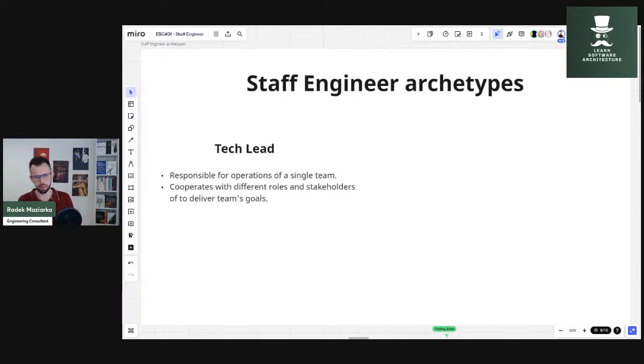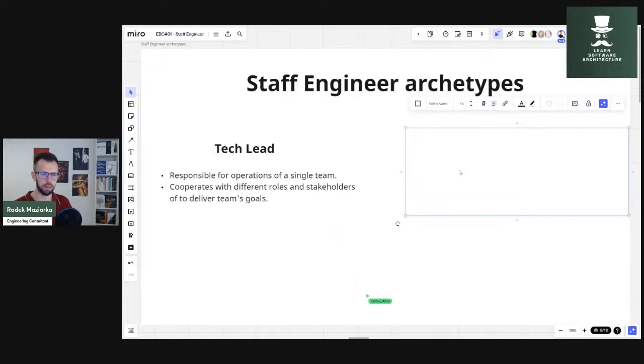In some companies the roles are different, and in some companies staff engineers work as tech leads. So as usual in our industry, nothing is set in stone, and these definitions differ between companies.